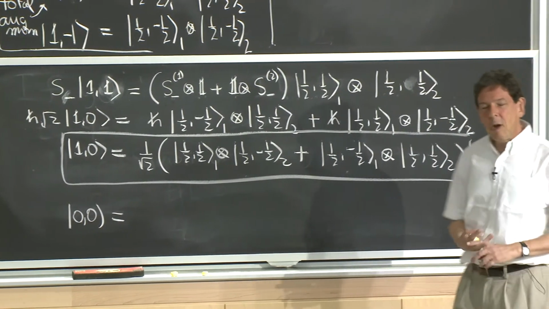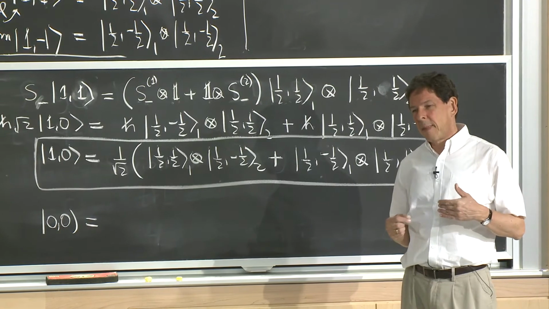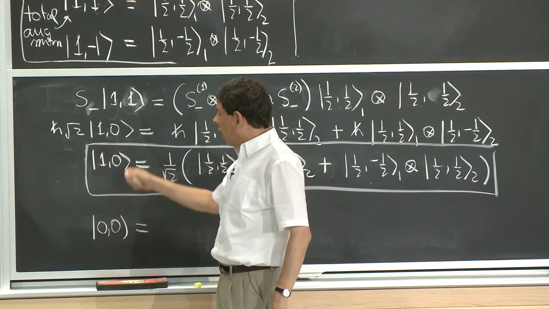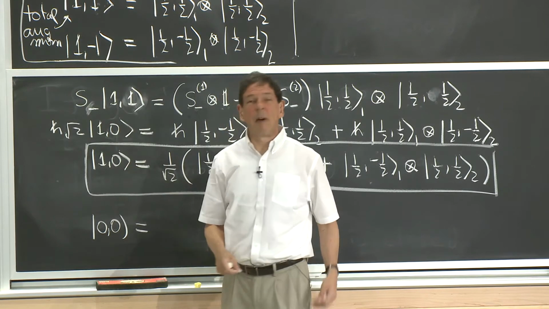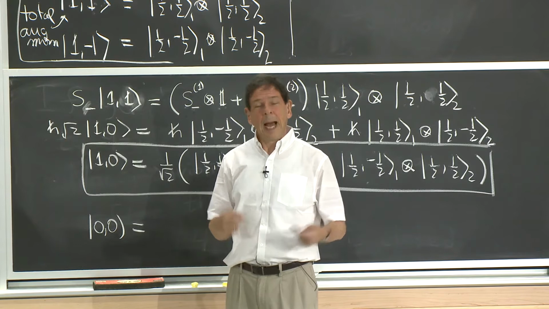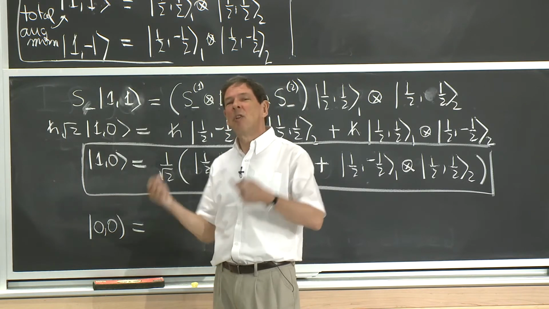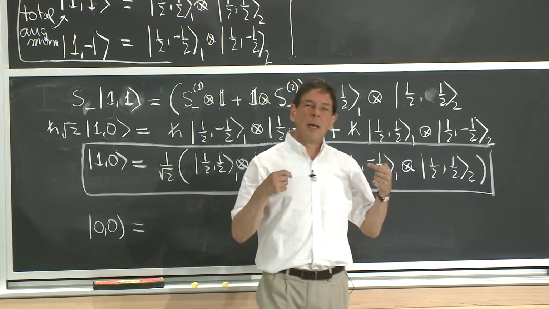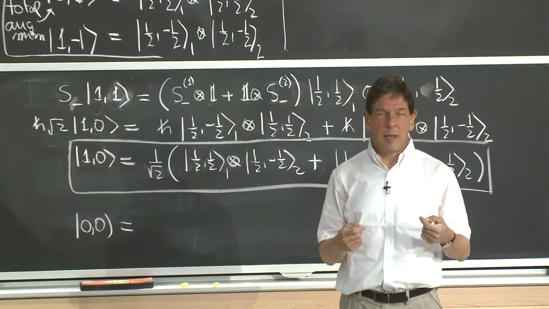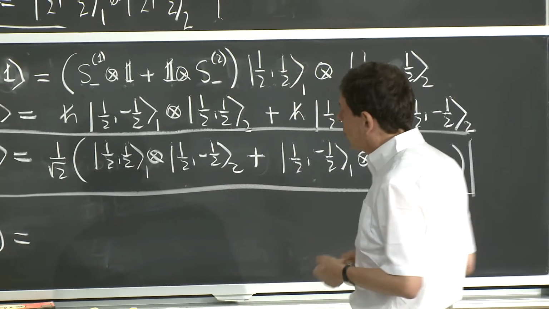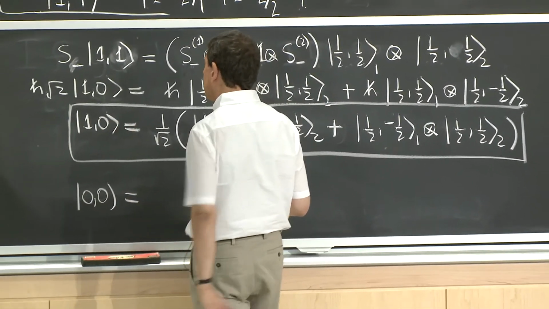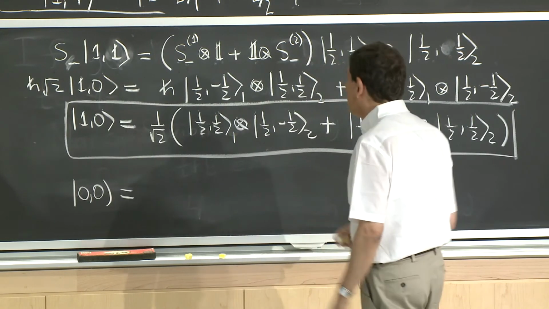Why should it be orthogonal? Because these two states are eigenstates of a Hermitian operator, S squared, and have different eigenvalues. And you know that two states that are eigenstates of any Hermitian operator with different eigenvalues are orthogonal. So this is guaranteed. However you build this state, it should be orthogonal to this one.